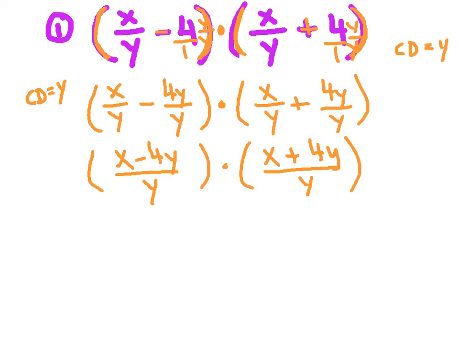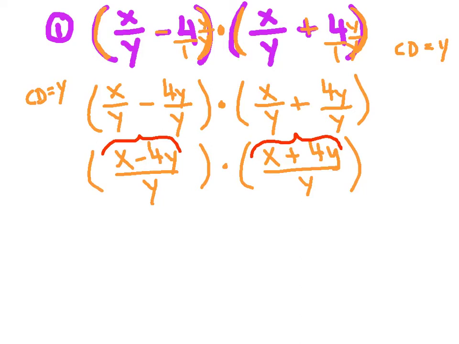Now I'm almost all the way done. My last thing I need to do is multiply these 2 fractions together. I'm going to multiply this numerator times this numerator over here. The nice thing you'll notice perhaps is I could either FOIL them all the way out, or I could recognize a shortcut.